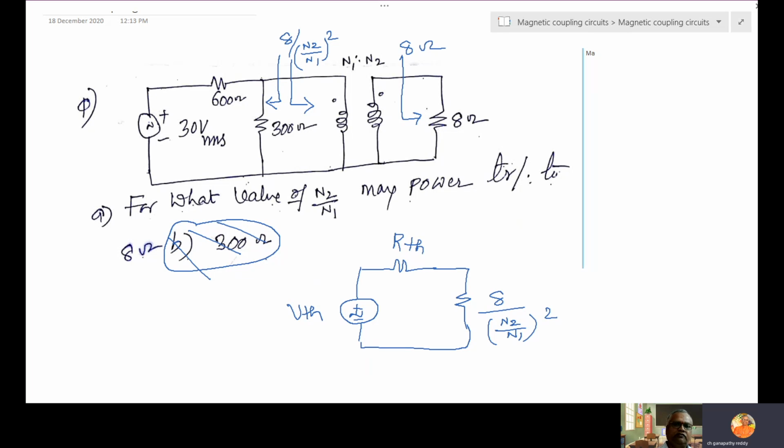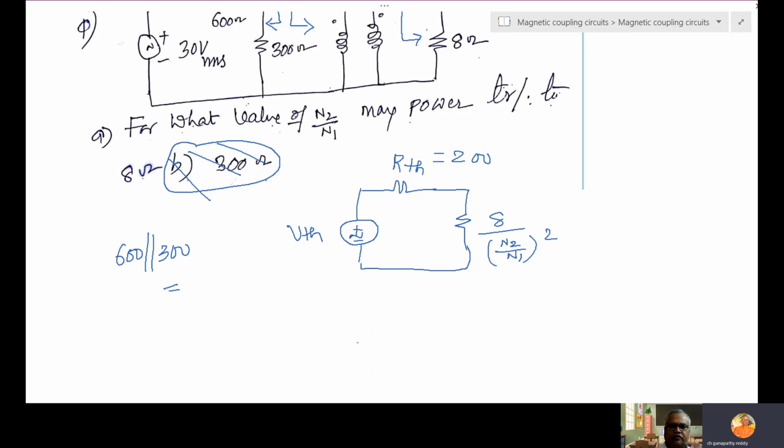How to find R Thevenin? Short the voltage source. 600 parallel with 300, so you will get 200. So this is 200.